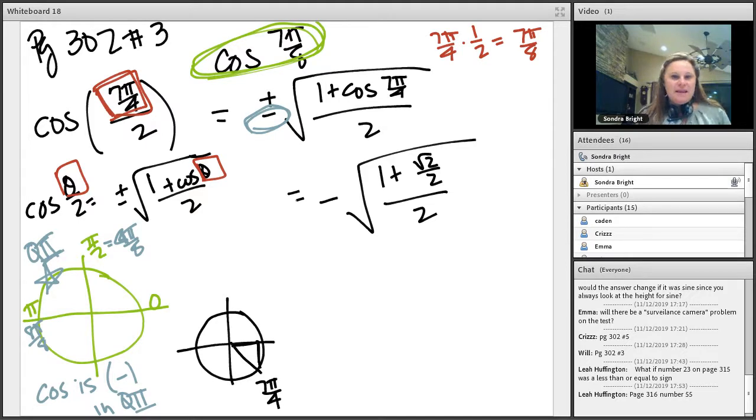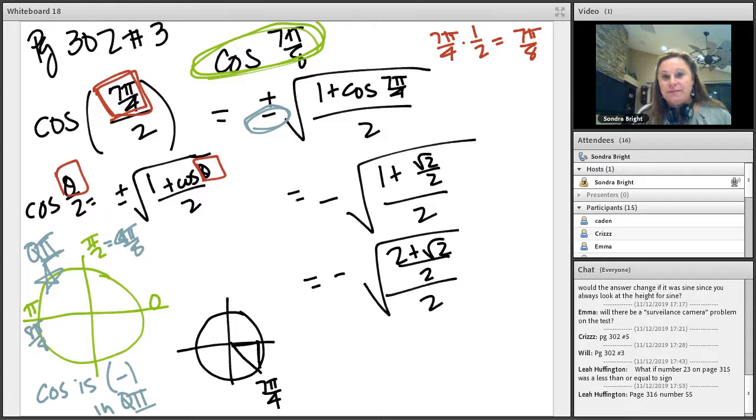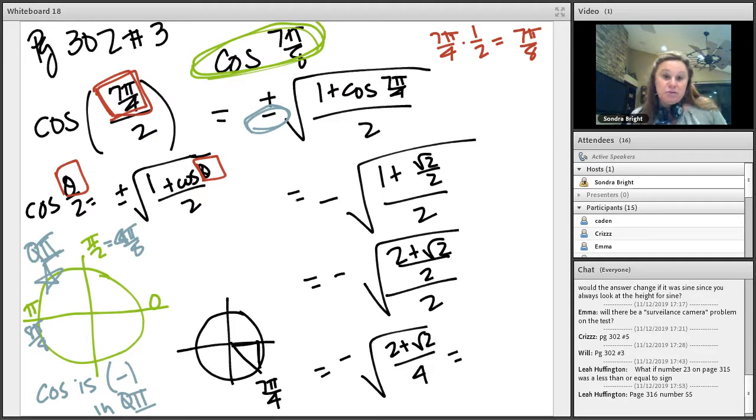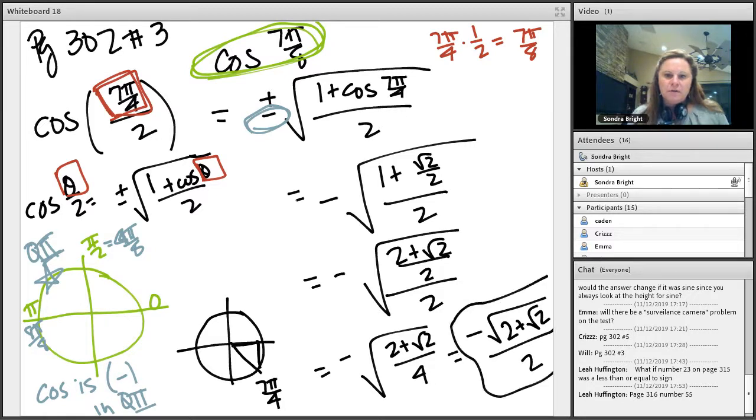Then that will give you a negative square root of 2 plus rad 2 over 2 divided by 2, which gives you a negative 2 plus rad 2 over 4, and rad 4 is 2. So we got negative the square root of 2 plus rad 2 all over 2. And there you go, that is the answer to that one.